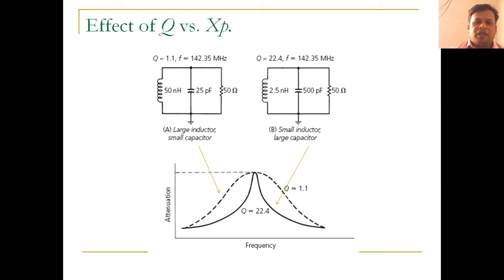In the next figure, figure B, which has a small inductor and a large capacitor, we see that Q is equal to 22.4 and F is equal to 142.35 megahertz.